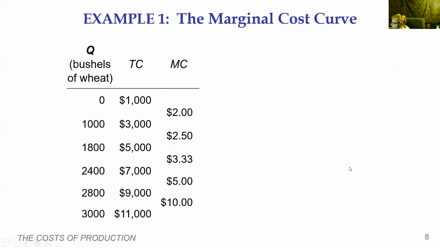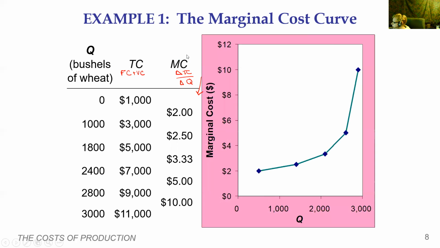We can then take this marginal cost idea. Again, let's just make sure we understand what these things are. This is fixed cost plus variable cost. Marginal cost is the change in total cost divided by the change in quantity. And now we can denote a marginal cost curve. So here is a marginal cost curve.